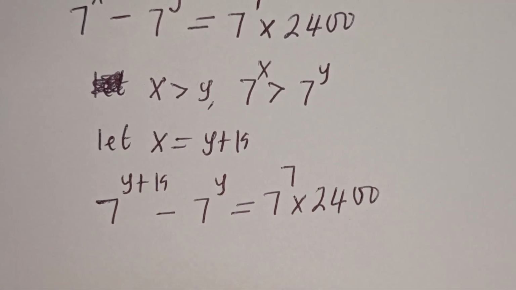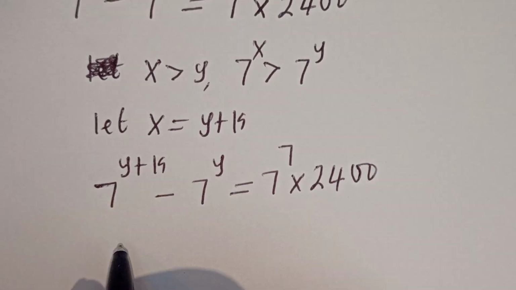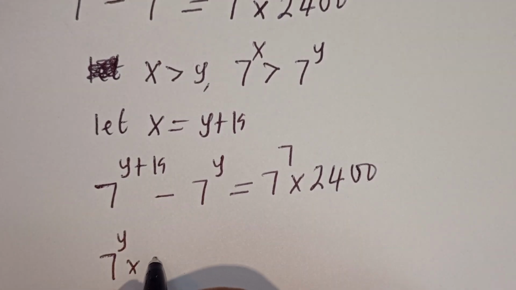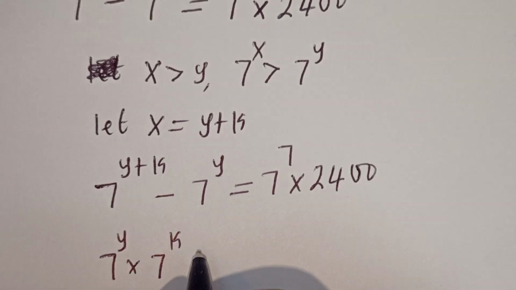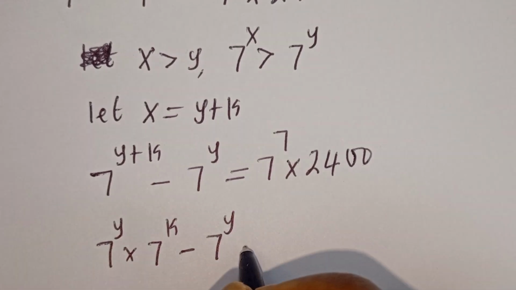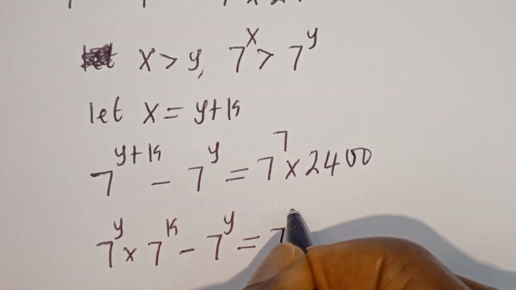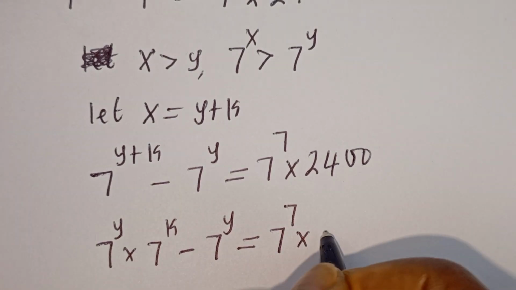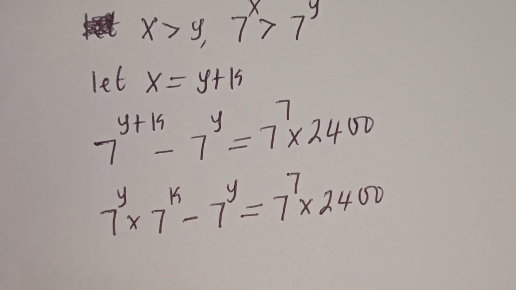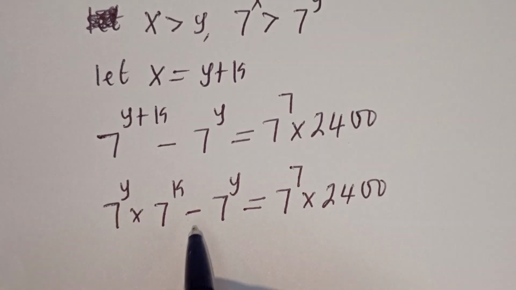Now at this point, from the same exponential rule, this can be written as 7 to the power of y multiplied by 7 to the power of k minus 7 to the power of y is equal to 7 to the power of 7 multiplied by 2400. Now here, 7 to the power of y is common. Let's bring it out.